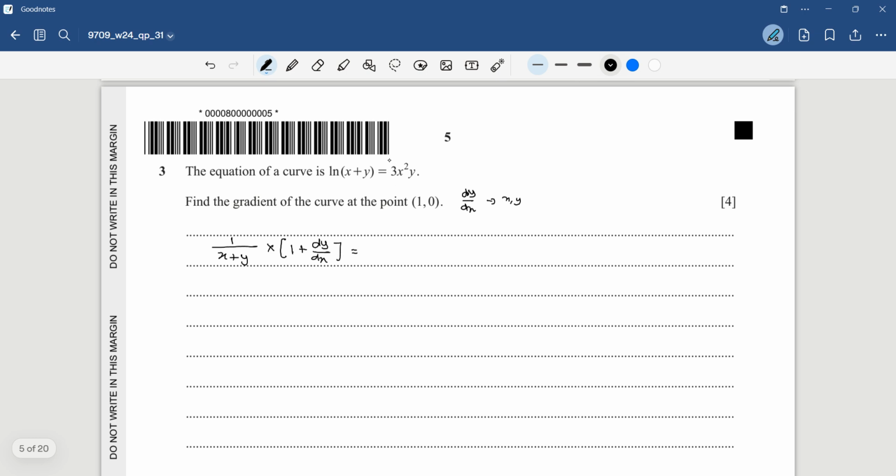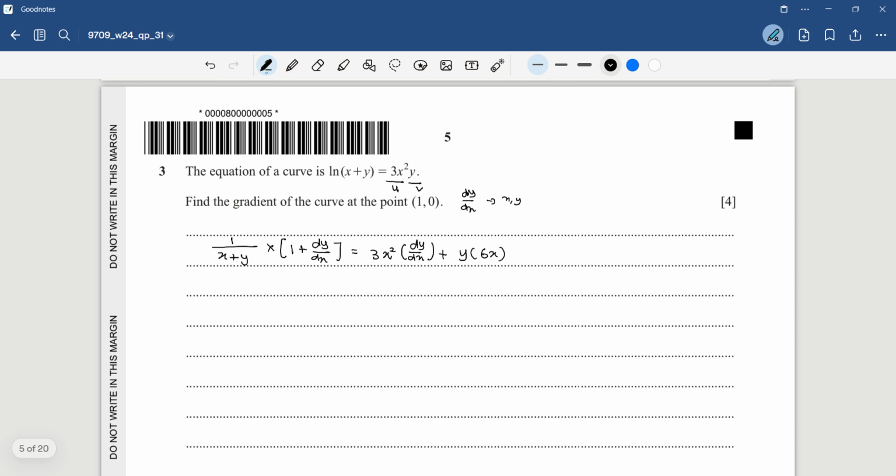This is equivalent to, and for this we're going to use product rule. So I'll let this be u and this be v. Use product rule, v u prime plus u v prime.